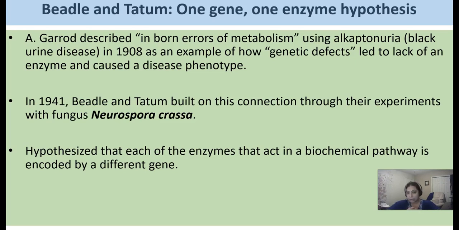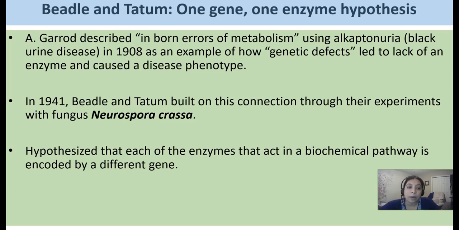So a long time before Beadle and Tatum, in 1908, Garrod described certain types of diseases like alkaptonuria, which is black urine disease, as an example of how genetic defects can lead to a disease phenotype because of a lack of a particular enzyme or necessary product in our bodies.